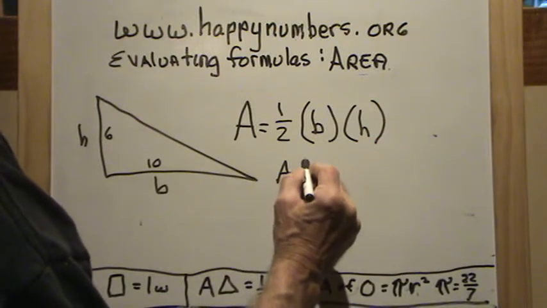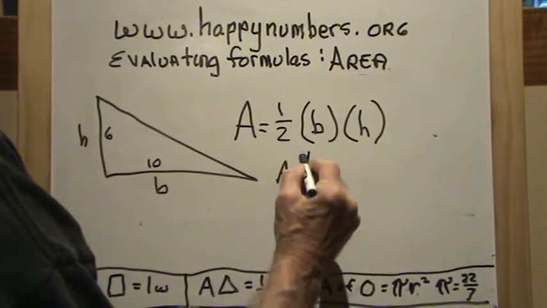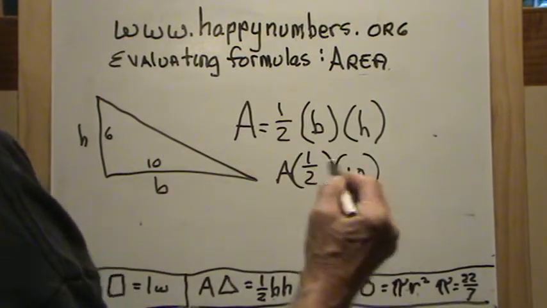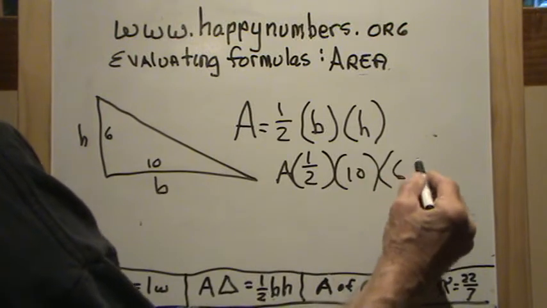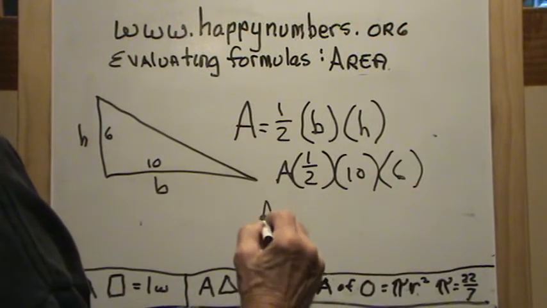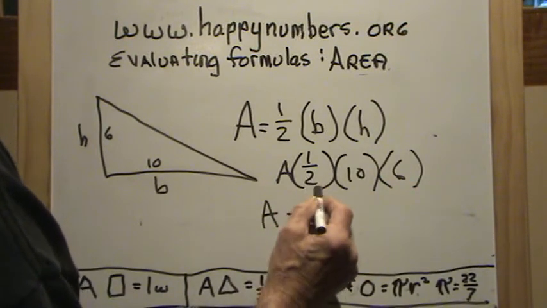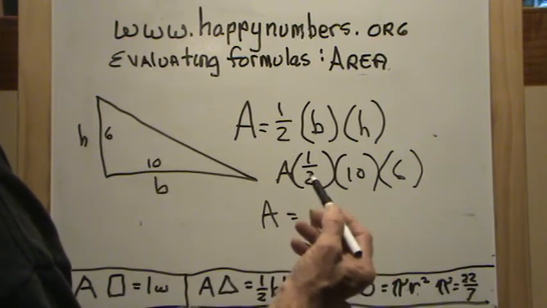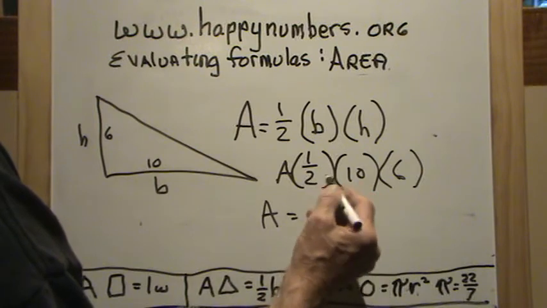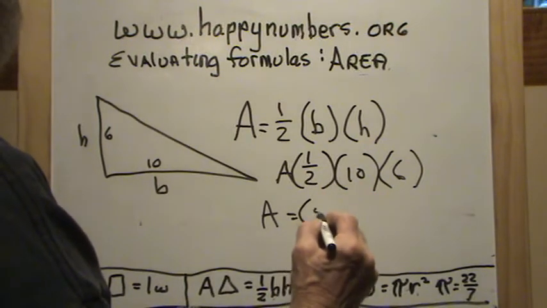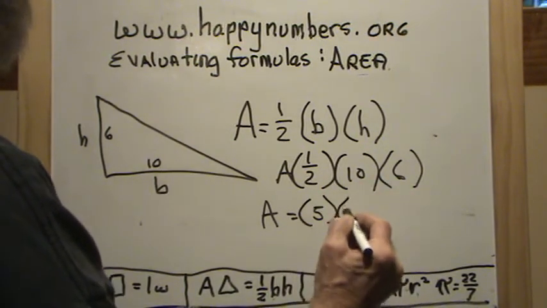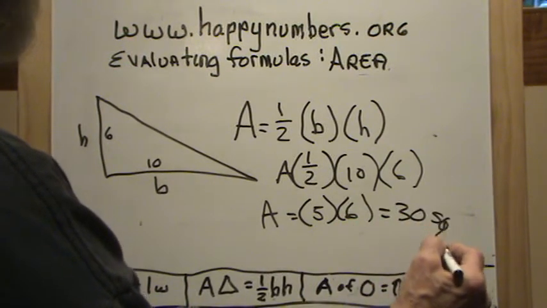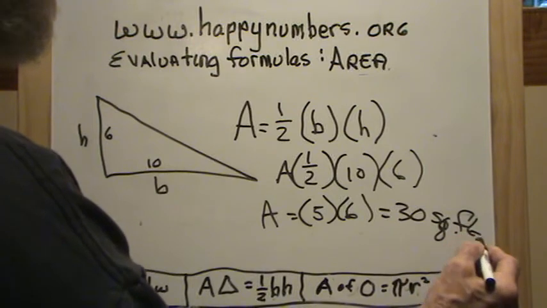So the area is 1/2 times the base is 10 and the height is 6. So the area is equal to 1/2 times 10. Now we know if we're multiplying a number by 1/2, we just take half of the number. So 1/2 of 10 is 5 times 6 equals 30 square feet.